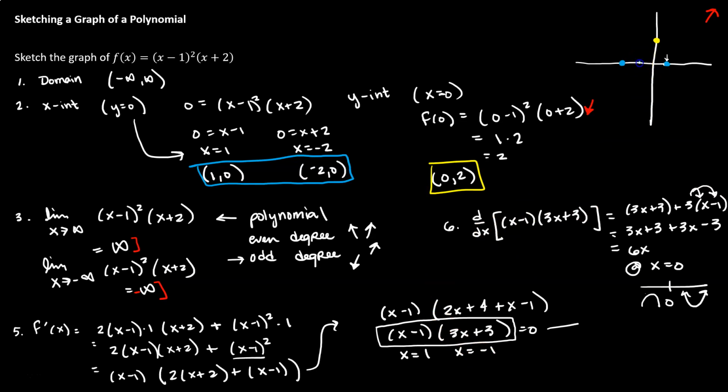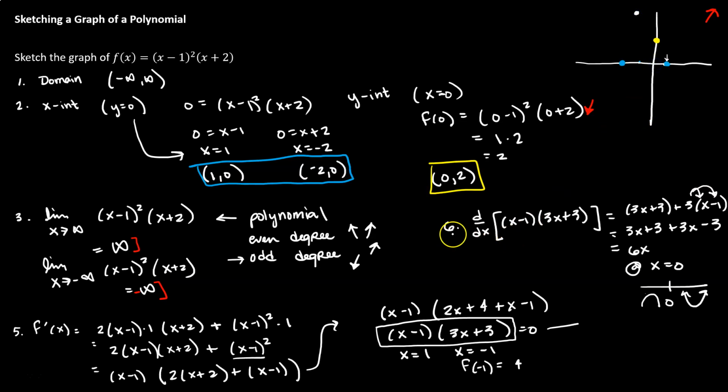If we plug x equals negative 1 into our function, we get 2 squared, which is 4. We get 4. So that y-intercept was at 2. This other point is going to be up here at 4.